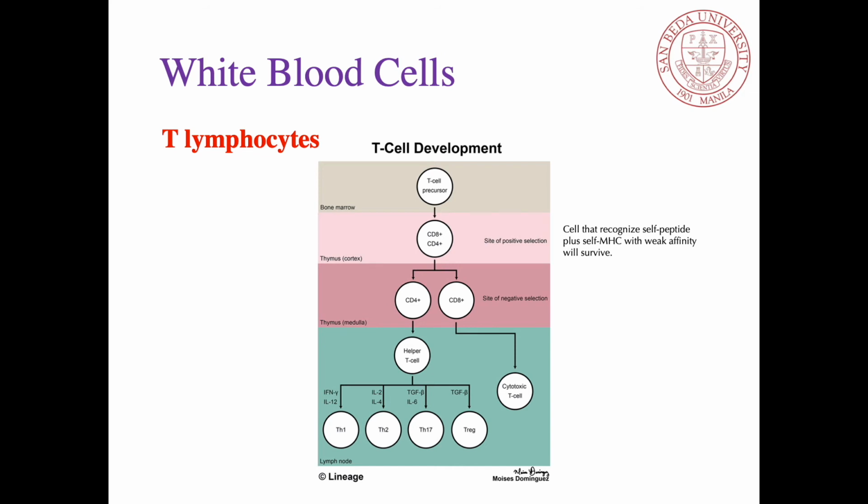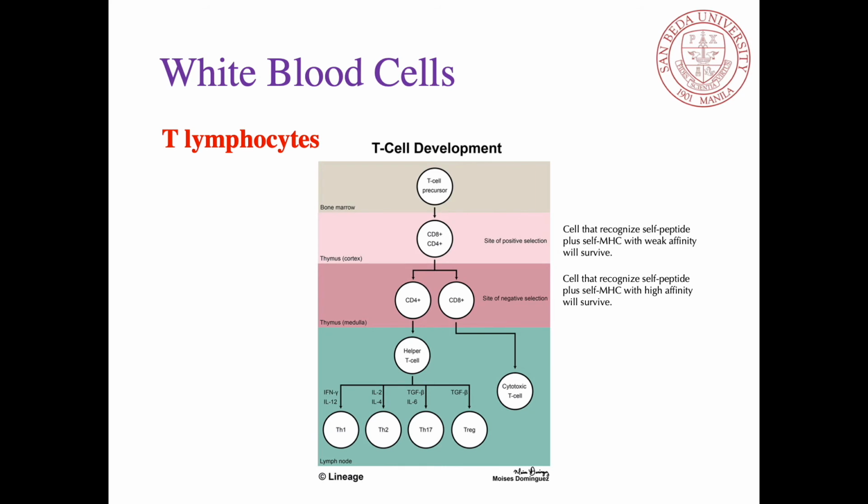Then, once you move further into the medulla, that's where your site of negative selection happens. Only those T cells that manage to form a strong or high affinity between your self peptide and your self MHC are allowed to survive. Those with weak affinities are killed off, basically. So you've pretty much ensured that your T cells are able to recognize your own tissues.